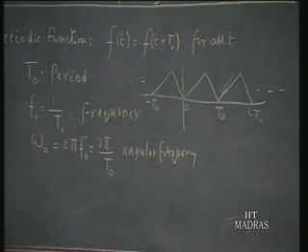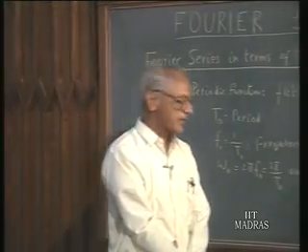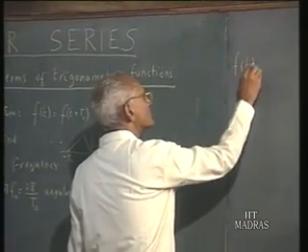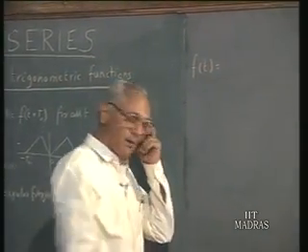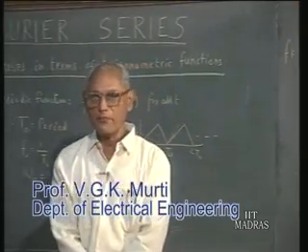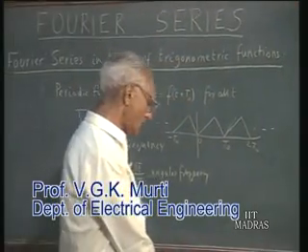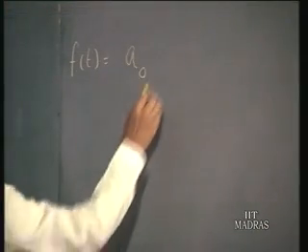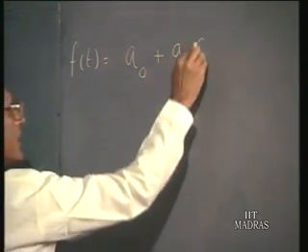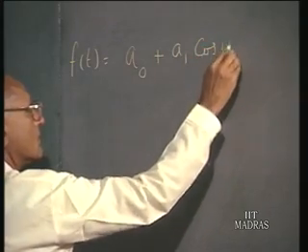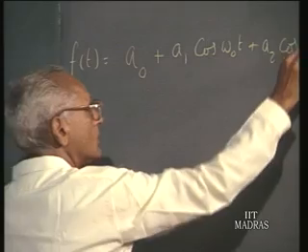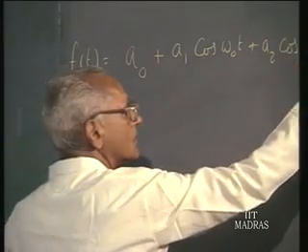According to Fourier, any periodic function of this type can be expressed as a sum of a DC component plus various sinusoidal functions. It goes like this. f of t in general can be expressed as a naught plus a1 cos omega naught t, a2 cos 2 omega naught t, like that.